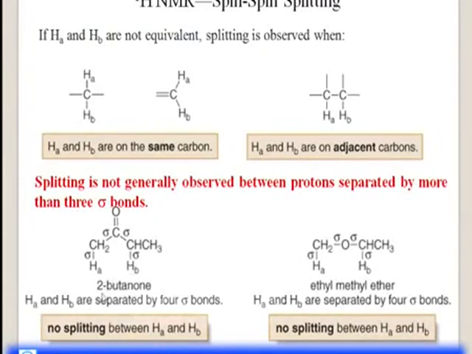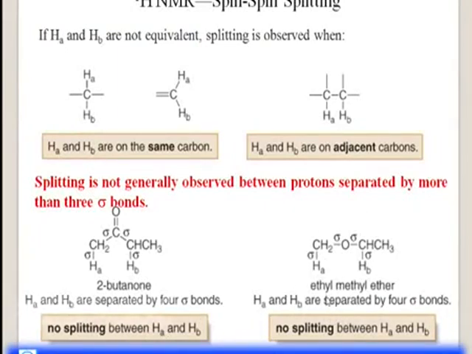This is the example, 2-butanol. You can see the number of sigma bonds. We can write this CH3 in this manner. We can open this bond and you can see it's 1, 2, 3, 4. There are 4 sigma bonds. So this proton and this proton are separated by 4 sigma bonds, so no splitting will occur.